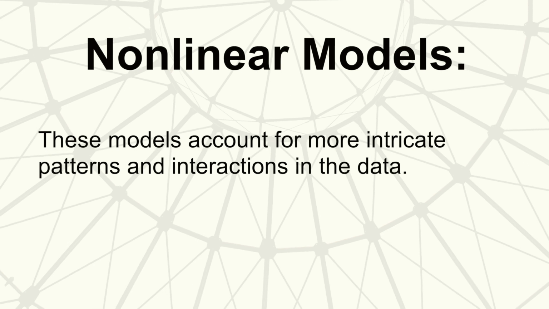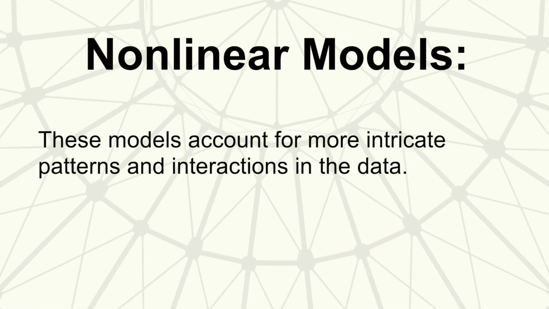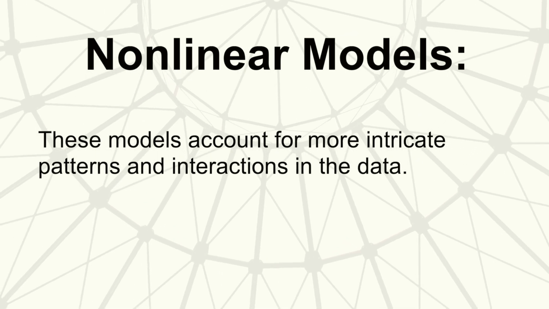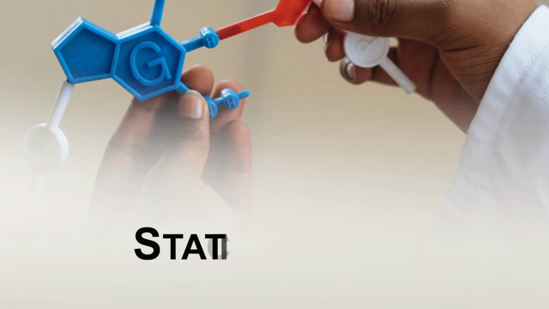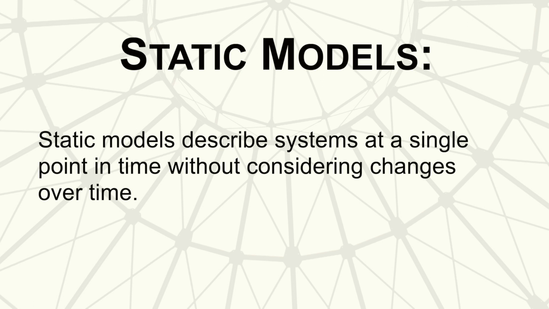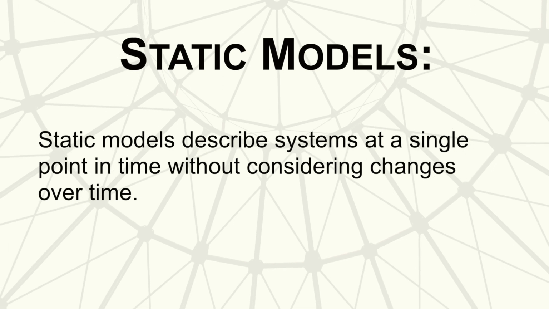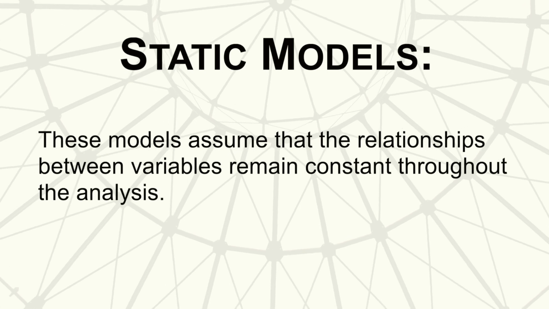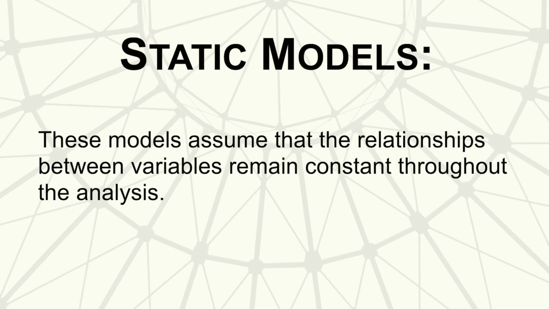These models account for more intricate patterns and interactions in the data. Static models describe systems at a single point in time without considering changes over time. These models assume that the relationship between the variables remains constant throughout the analysis.